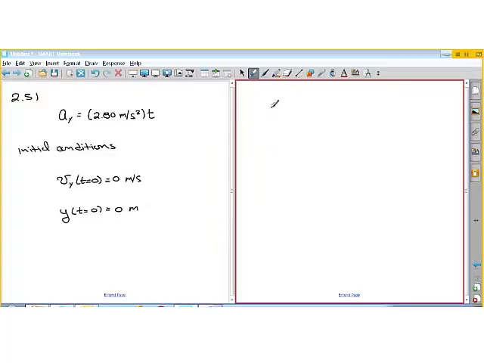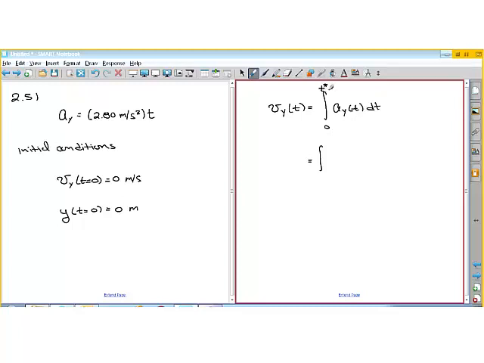So what we know is that the velocity in the y direction as a function of time is the integral from 0 to t of a sub y of t dt. So instead of taking the derivative, we take the integral. Now, one thing to do is to use a variable other than t, so we use t star here as our upper limit, because here we're using t.